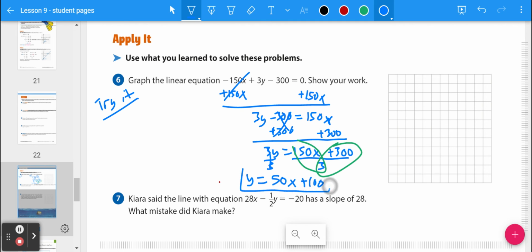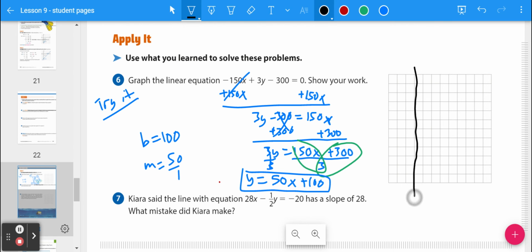So there's my equation in slope-intercept form, which is great because now I know I can start at the 100, and my slope is 50 over 1. It's given 50, so it's over 1. If I make my graph, it doesn't have to be anything too spectacular here, but I need the y-intercept of 100.